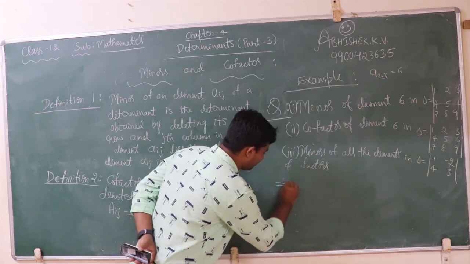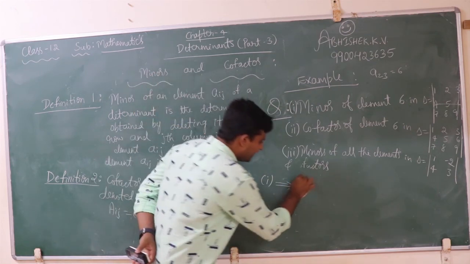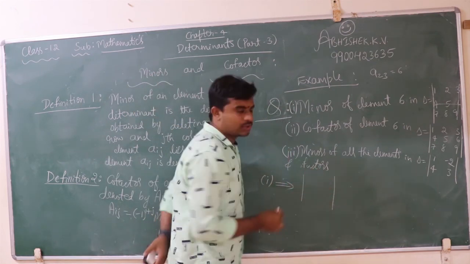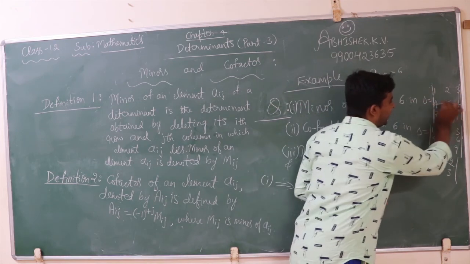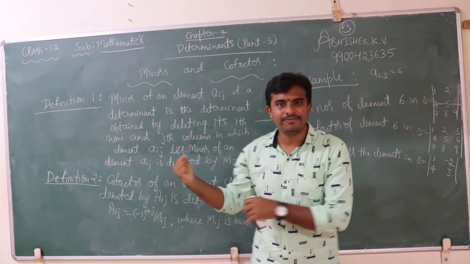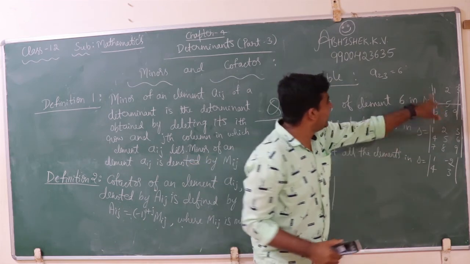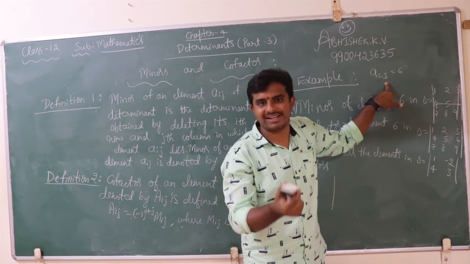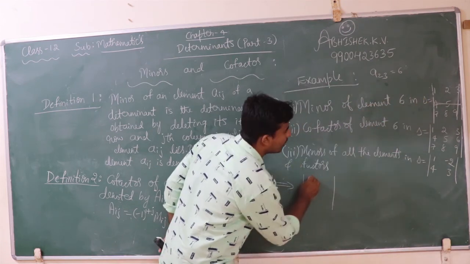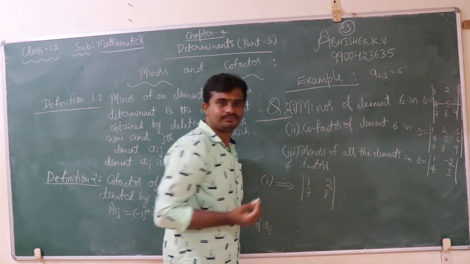This is 3 cross 3. By deleting the second row, third column, because the definition says deleting the ith row, jth column. What is i here? i is 2. What is j here? 3. Second row, third column. It reduces to 1, 2, 7, 8.